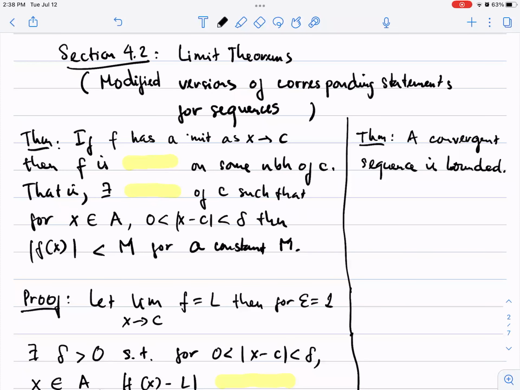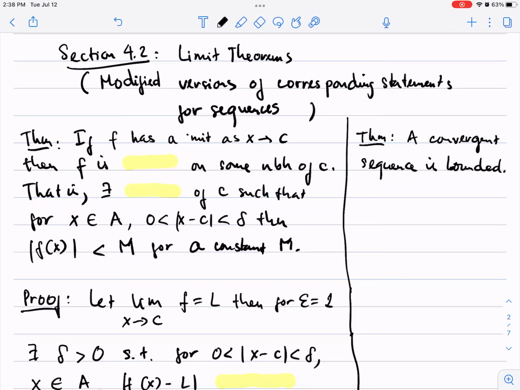The similarity is expected as explained earlier. The difference arises from the reason that we need to modify the statement accordingly to study functions, which is a somewhat more complicated object. We start with the following theorem.